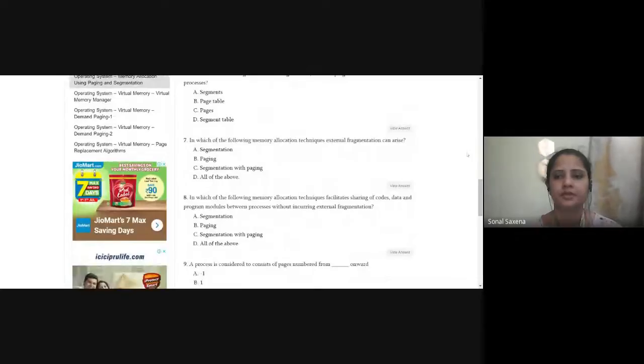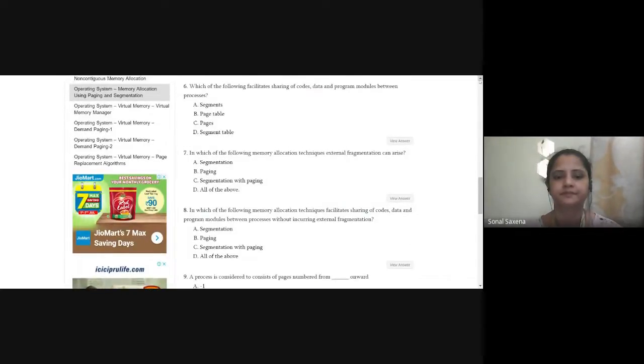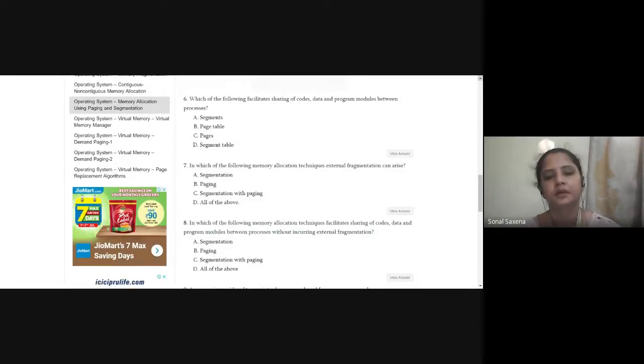These are questions number 6, 7, and 8. Number 6 says, which of the following facilitates sharing of code, data, and program modules between processes? Segments, page table, pages, or segment table. Number 7 says, in which of the following memory allocation techniques can external fragmentation arise? And question 8 says, which of the following memory allocation techniques facilitates sharing of code, data, and program modules between processes without incurring external fragmentation?